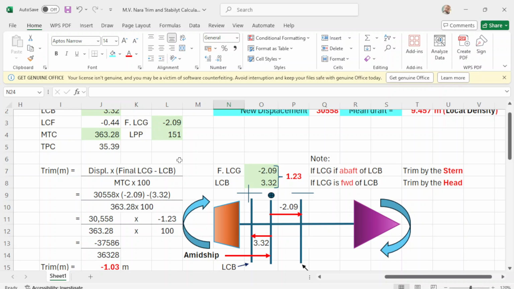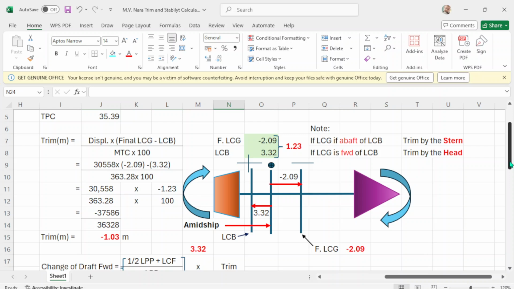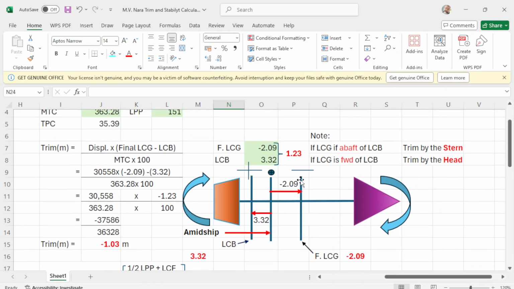If it is negative, meaning if this is your amidship, you are in the forward part of the vessel. So your final LCG is negative 2.09. From amidship, you go forward and measure 2.09. This will be your final LCG.